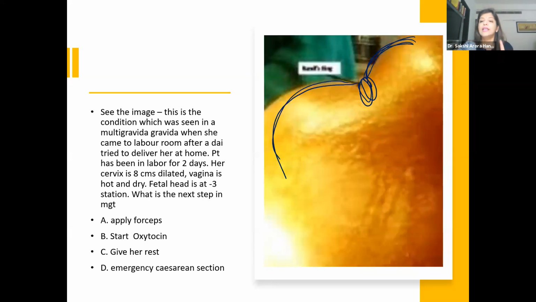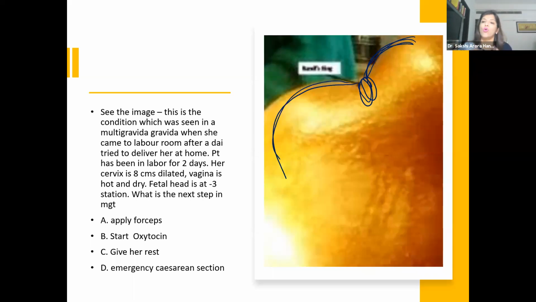Apart from that, giving rest is an option, as I told you, if there is a constriction ring, or it is an option if the latent phase of labor is prolonged. And latent phase of labor lasts only up till 5 centimeters dilatation. Please remember, this is very confusing for all of you. All of you feel that because WHO partogram has to be marked from 4 centimeters, in a WHO partogram, active phase begins at 4 centimeters.